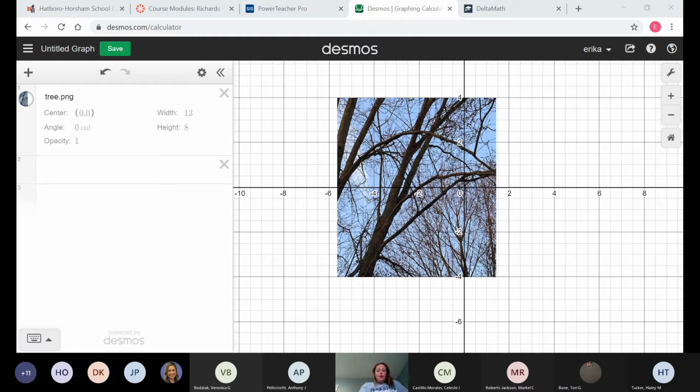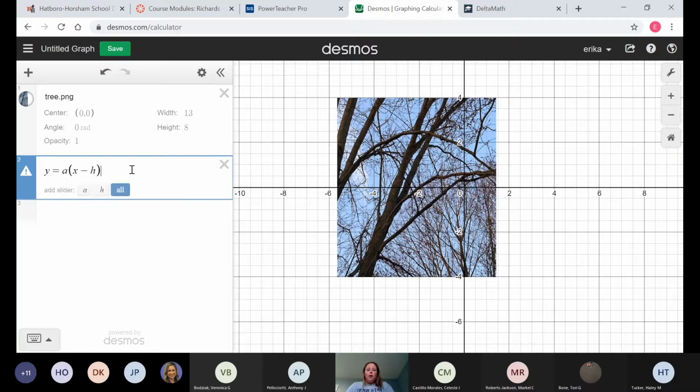The second thing I do to come up with my equation is come up with it in vertex form first. I put in the standard equation for vertex form, which if you don't know, it's back in your notebook: y equals a times (x minus h) squared plus k, where h and k are your vertex and a is the value in front that's going to change its size.